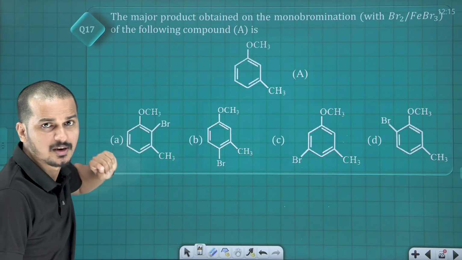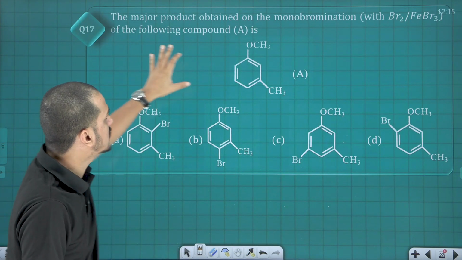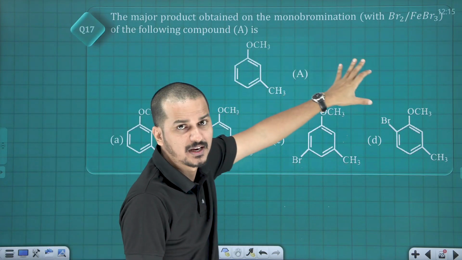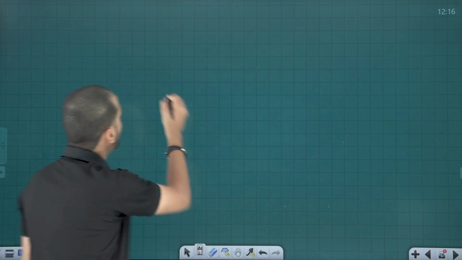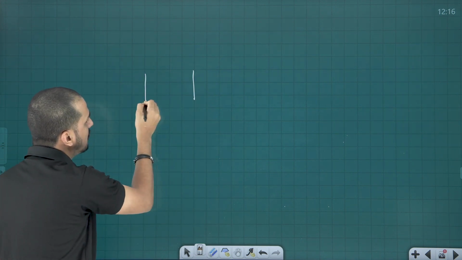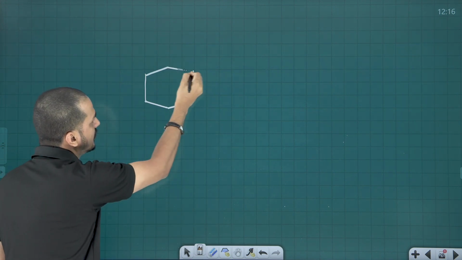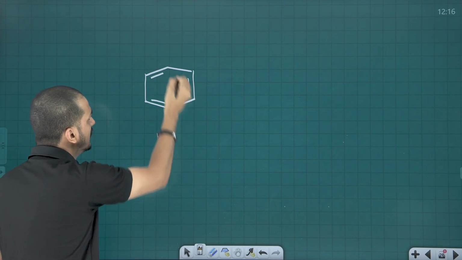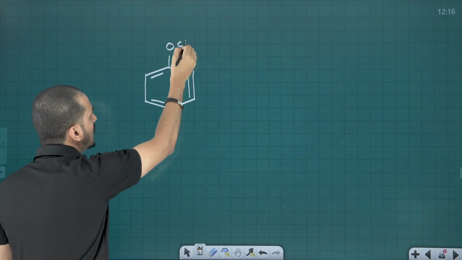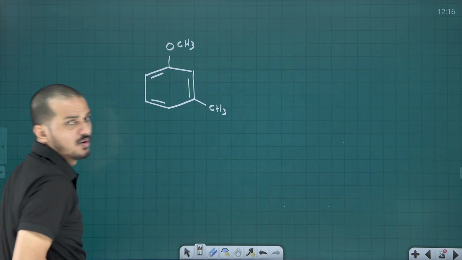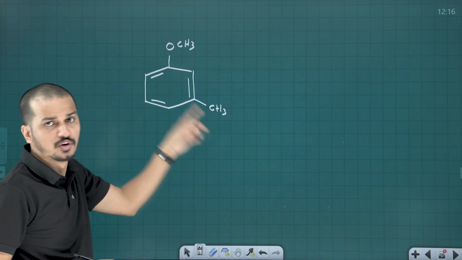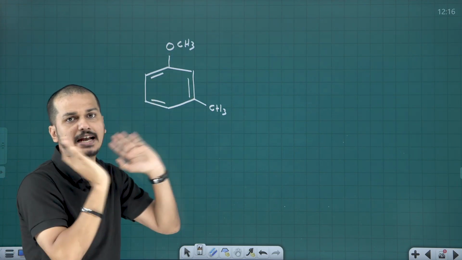What about the next question? Question number 17. The major product obtained on the monobromination of this compound. They given one compound, you can see meta-methyl anisole. Here OCH3 group is there, here CH3 group is there. What about the speciality of these two groups? Two groups are electron donating groups.